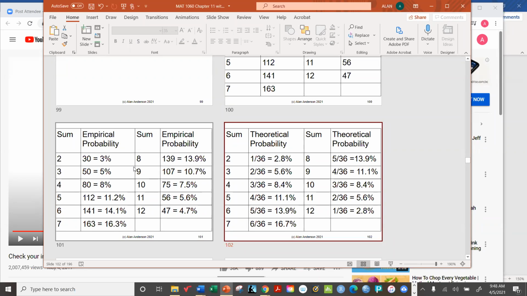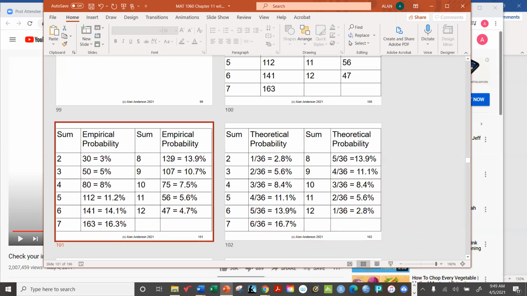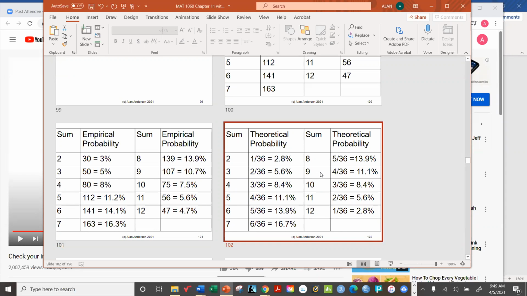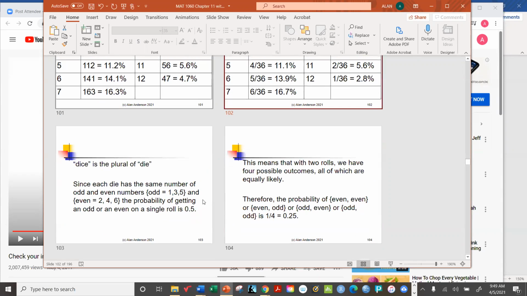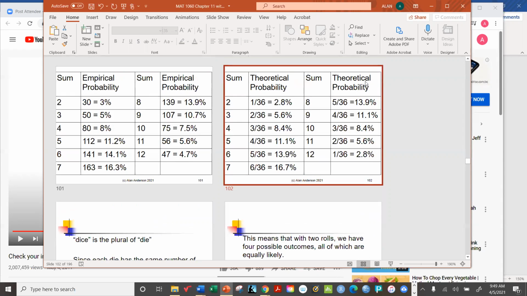And by the way, what's interesting about this is that if we roll the dice even more than 1,000 times, the more we roll the dice, the closer the empirical probabilities will come to the true or theoretical probabilities. So let me just throw that in there as well, because that's an important detail.